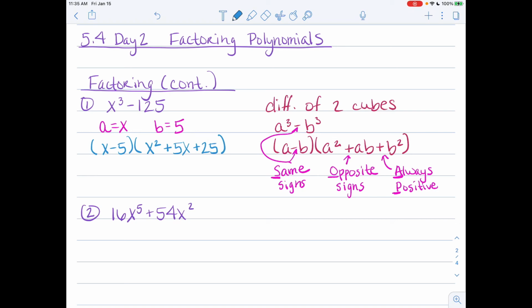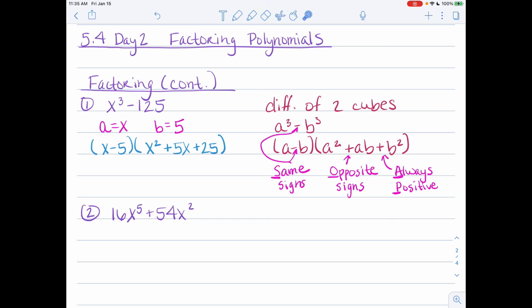One thing to know after we have done our difference or sum of two cubes, we have a quadratic here, and your temptation is going to be to try to factor that further. However, I will tell you that once you've done difference or sum of two cubes, the resulting quadratic is not ever going to be factorable. It's always going to be an unfactorable quadratic.